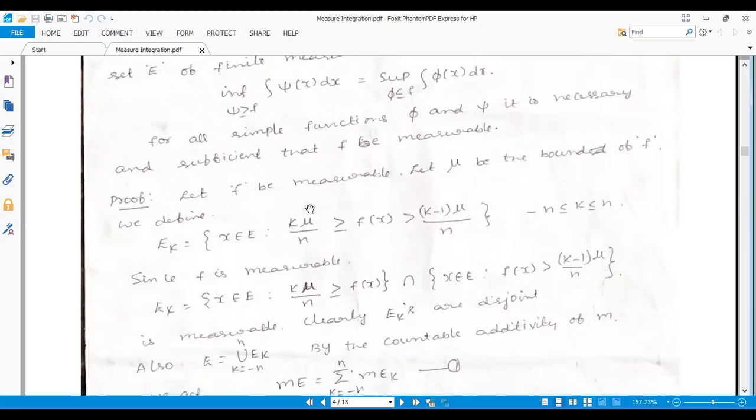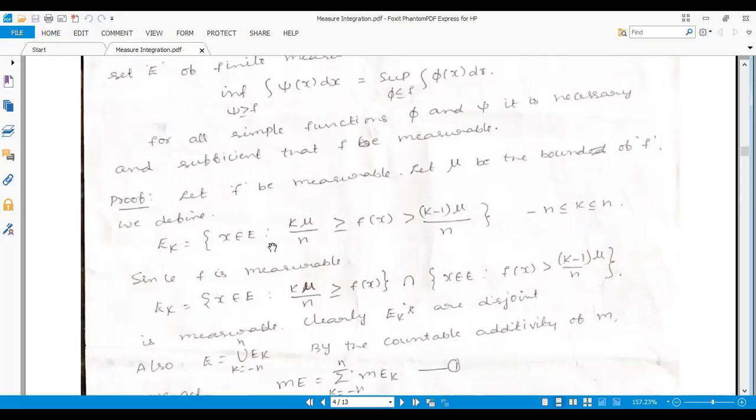You know that the greater-than and less-than sets will be measurable sets. Also it is bounded, which means that when a function f is said to be bounded, there exists some real number m such that mod f is less than or equal to m. That is the boundedness property you are studying.